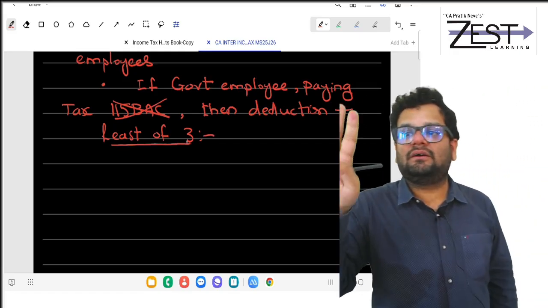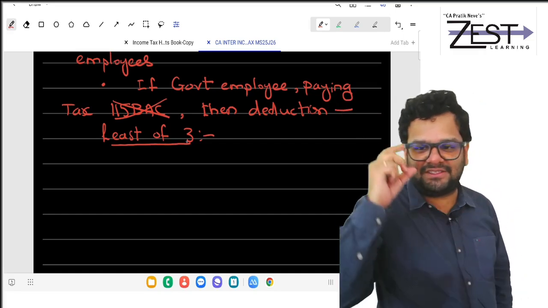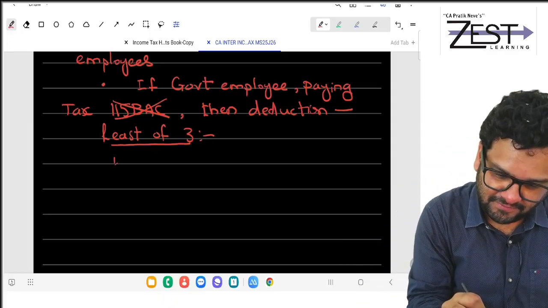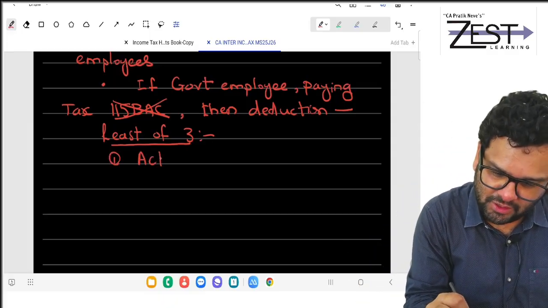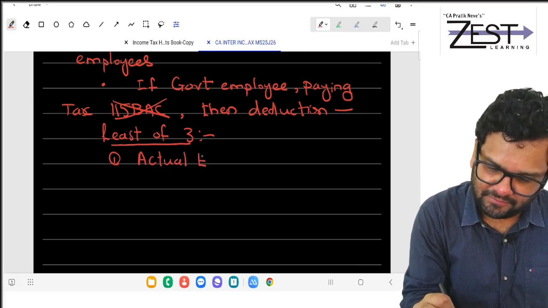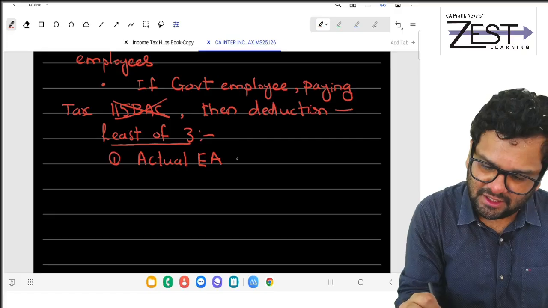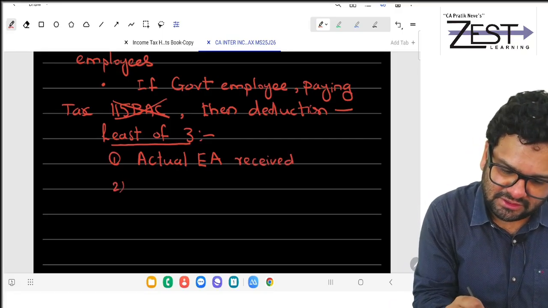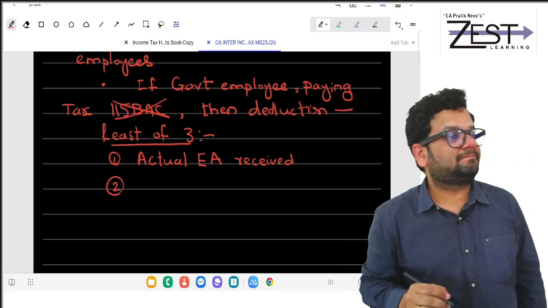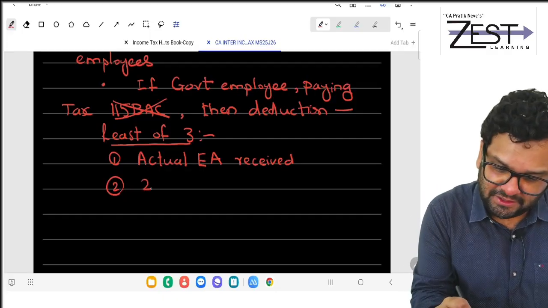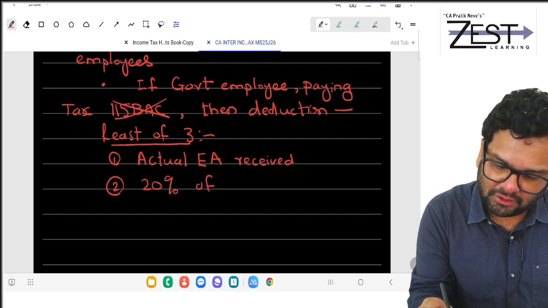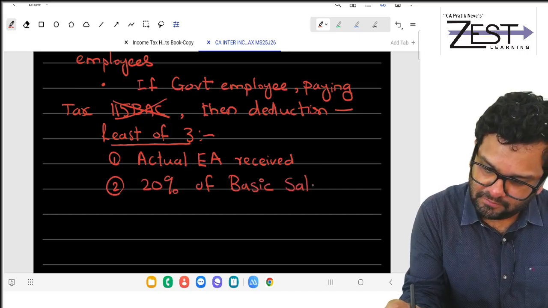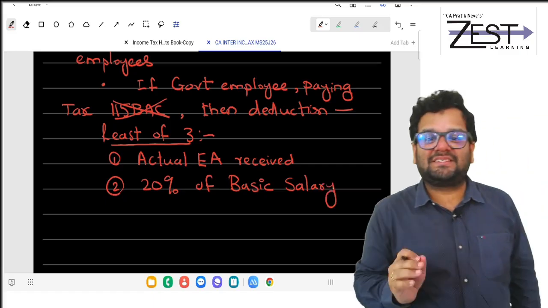You have to calculate 3 figures, whichever is least. Which 3 figures? First, actual entertainment allowance received. EA means entertainment allowance. Second, 20% of what? 20% of basic salary.